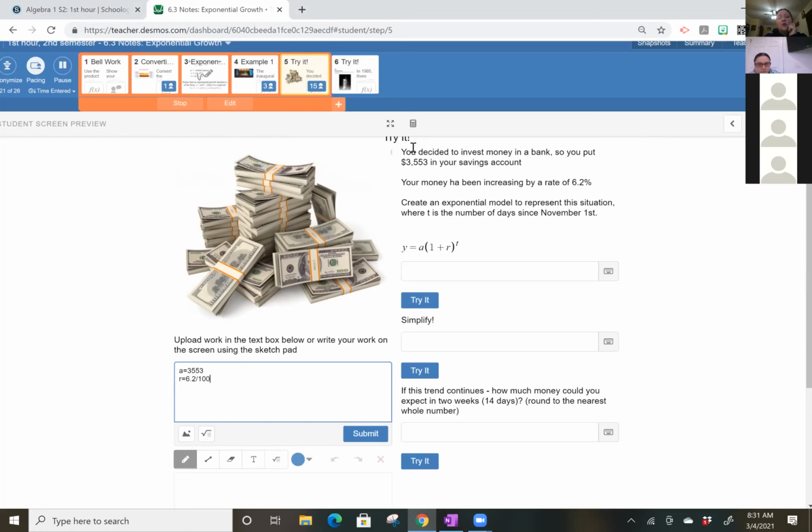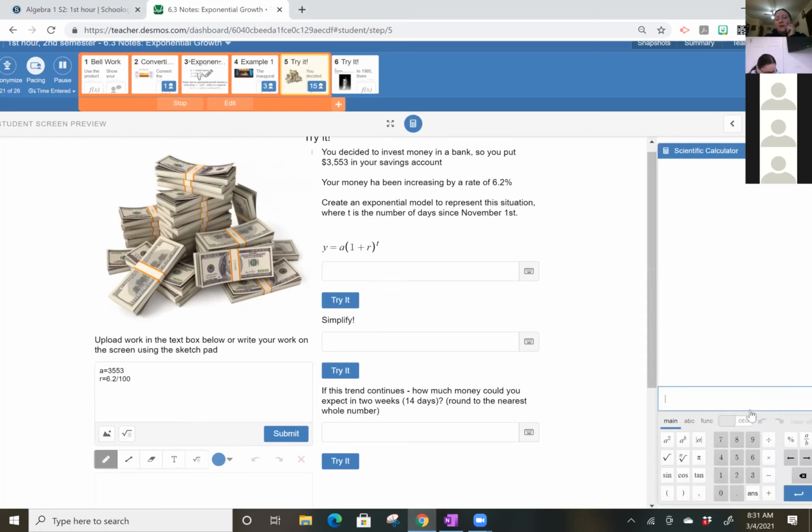And really, guys, open up this calculator and divide by 100. Miss C and myself can see these calculations. We can see where you went wrong. If you use your phone, we can't see anything. So 0.062. And then here for time, are we talking about days, weeks? Days. Yeah, we're talking about days.